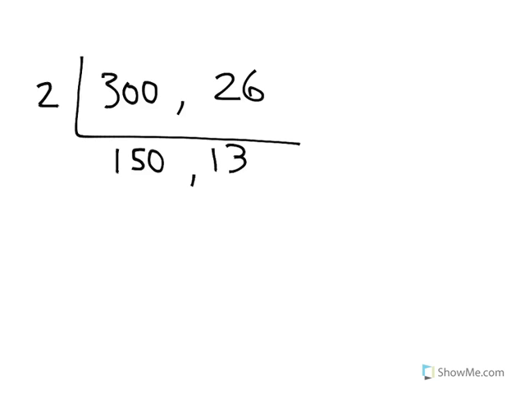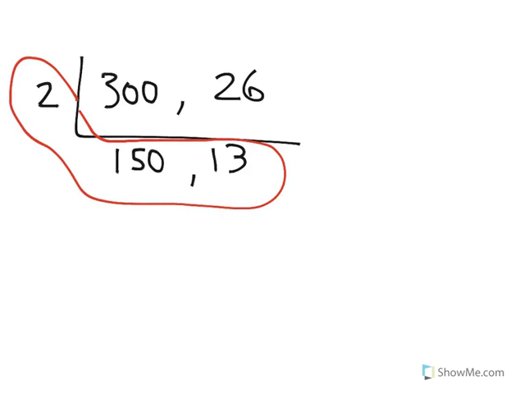So if I want to figure out the greatest common factor of these two, then it's just 2. But I'm not doing that. I'm figuring out the least common multiple. So it's going to be 2 times 150 times 13. 2 times 150 is 300, times 13, which I don't even know right off the bat myself.